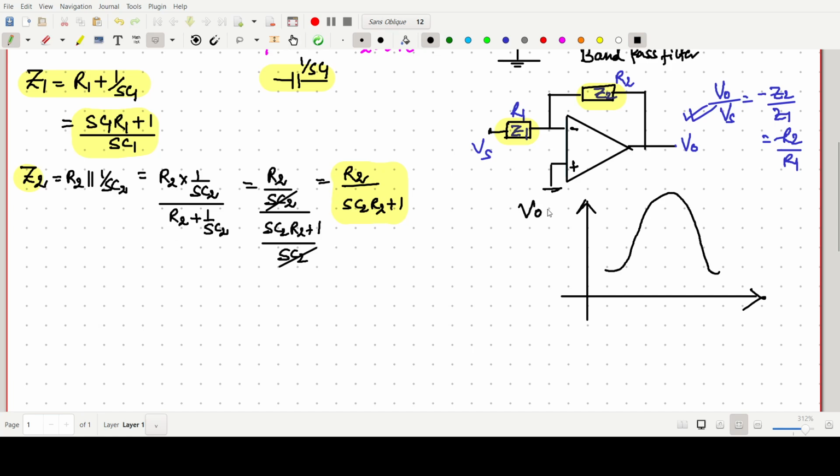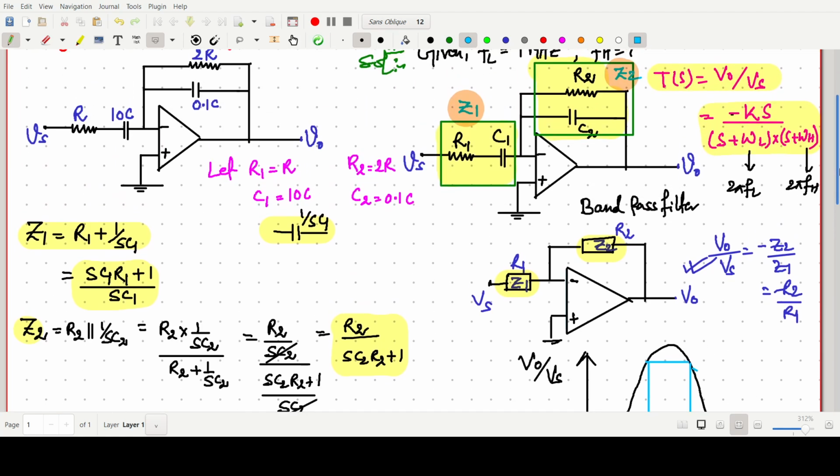So this should be the vertical axis, it is v naught by vs, and the horizontal axis is frequency, and this point we can say fl, and this value is fh. Fl is given already, 1 megahertz, so we have to find this one. Okay, so before that, this one will be the transfer function kind.